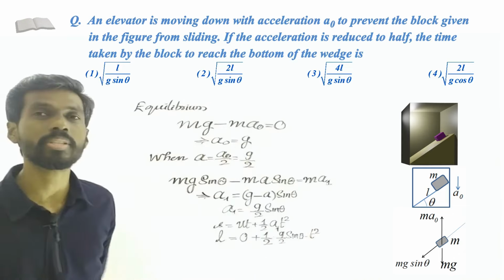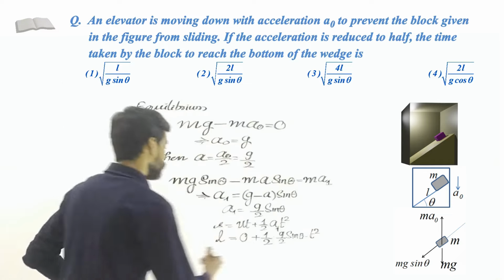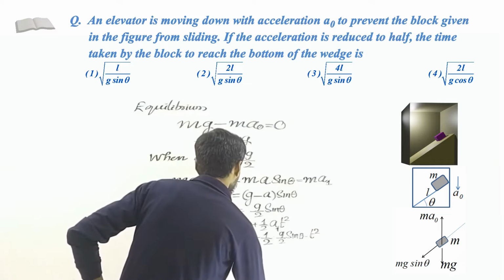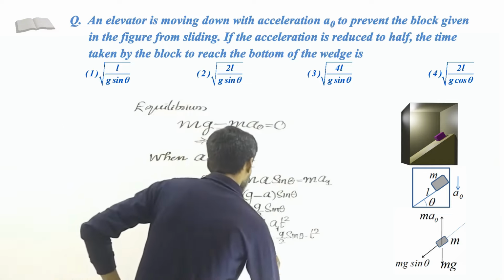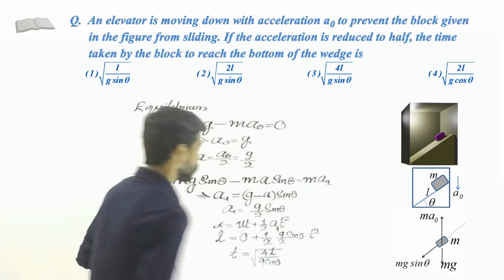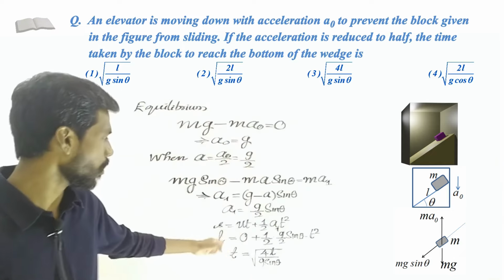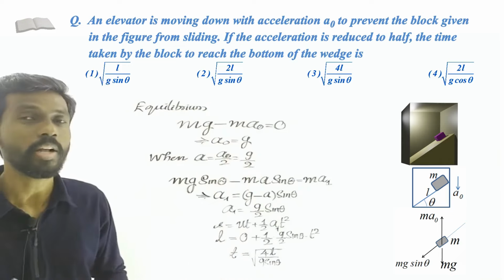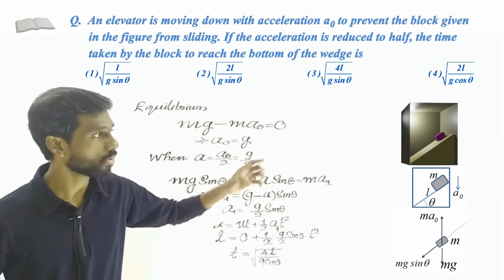From this you have to just find the value of t. So t equals, if you multiply, the square root of 4L divided by g sine theta. So that is the answer, the time taken by the block to reach the bottom.